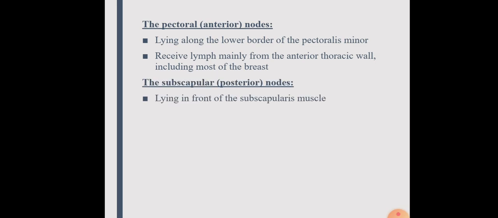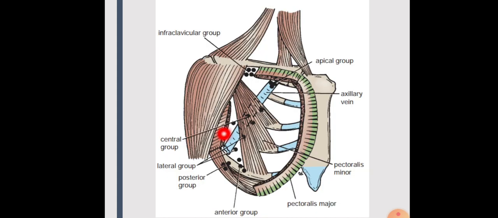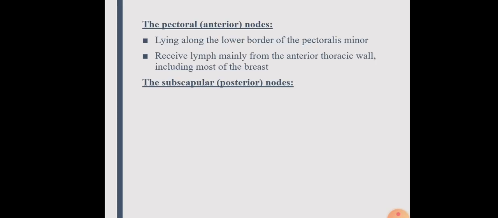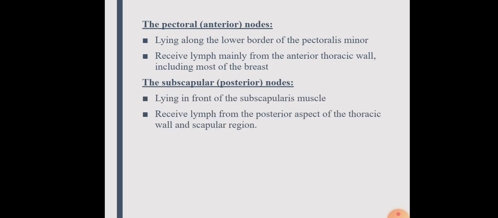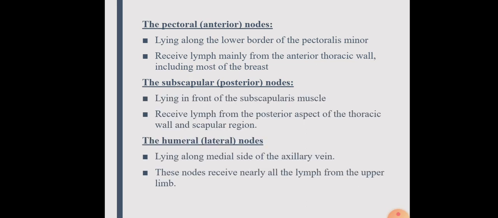The subscapular group or posterior group receives lymph from the back and the scapular region and sends the lymph to the central group. The lateral group receives lymph from the upper limb and sends the lymph to the central group.